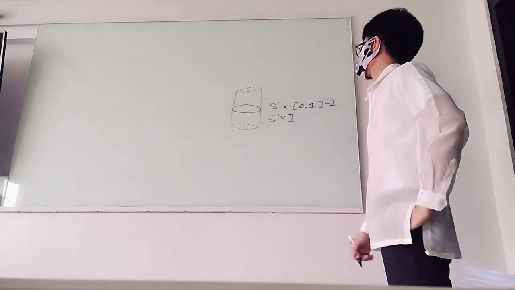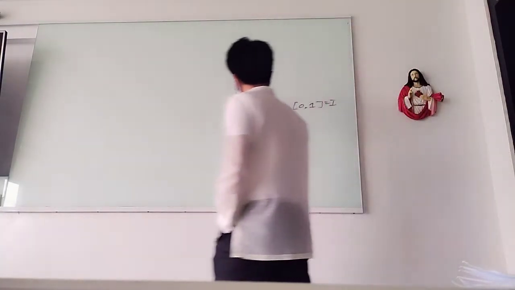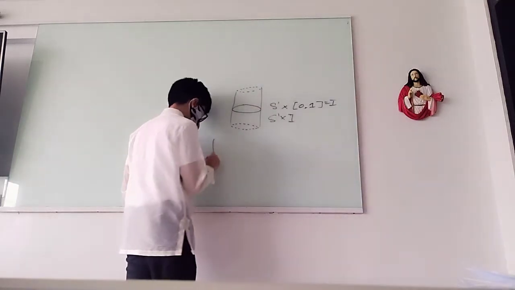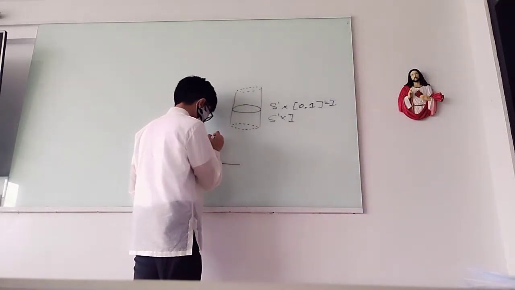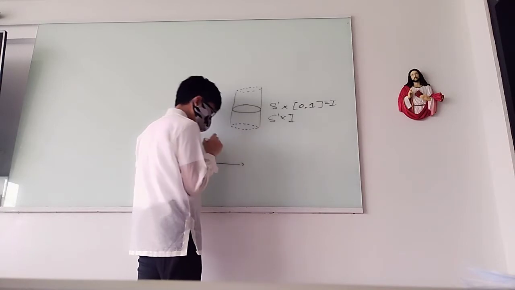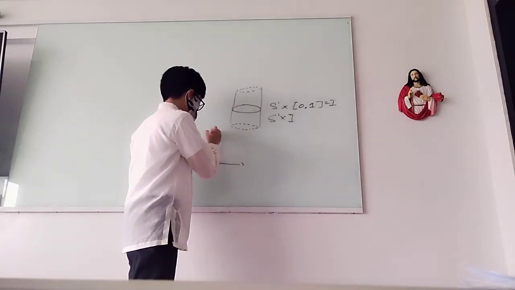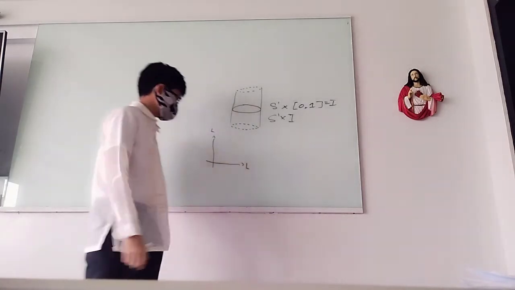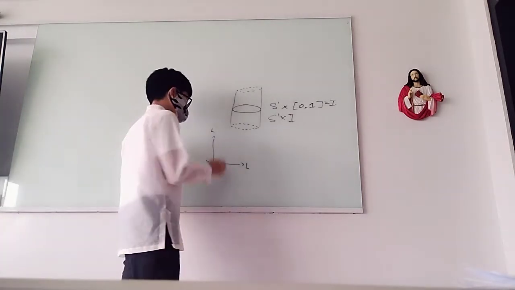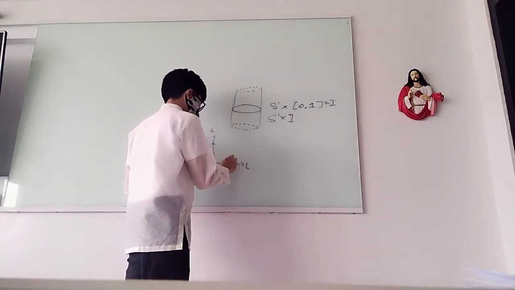So next, let's have a small axis over here. It could be any space, I could say L cross L. And then pick a small thing here.